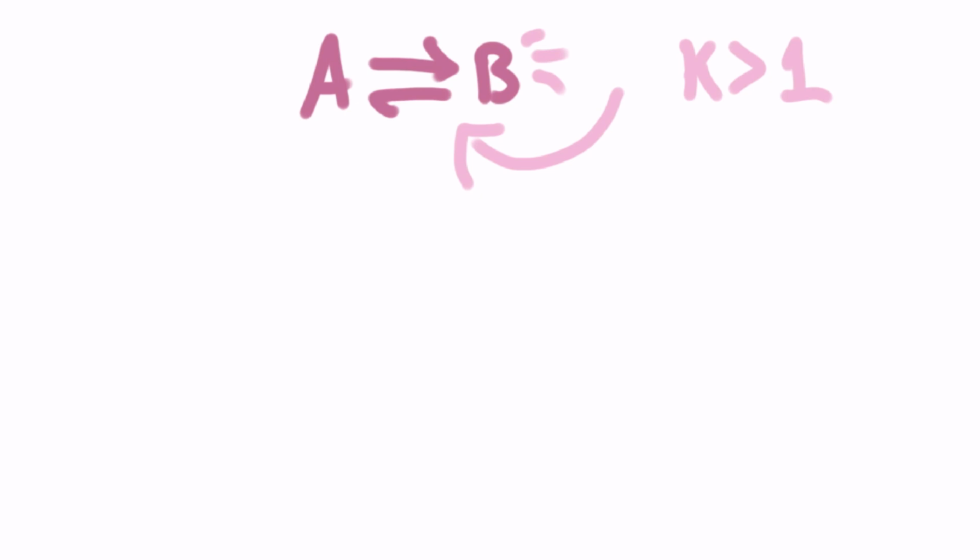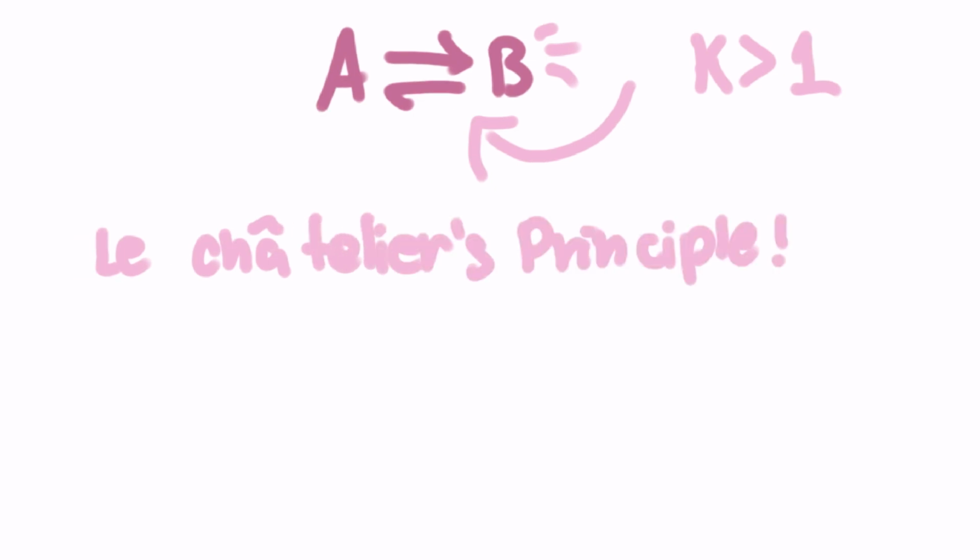Here's where Le Chatelier's principle comes into play. Le Chatelier's principle states that we can disturb a system in a way that will help us favor either products or reactants because the system will always return back to equilibrium.